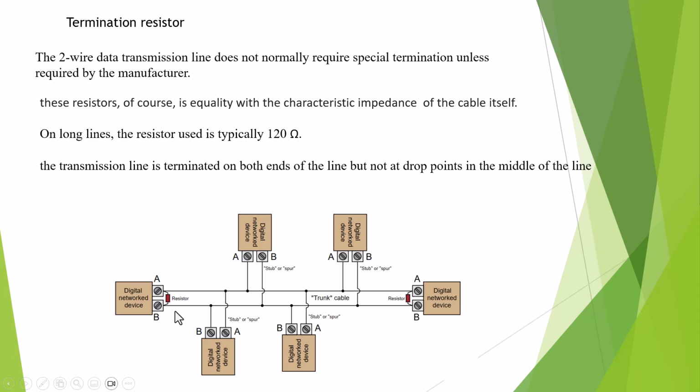Just the starting device and the end device have a resistor. Look like here, okay, it's 120 ohm. The transmission line is terminated at both ends of the line, not near the multi-drop point.